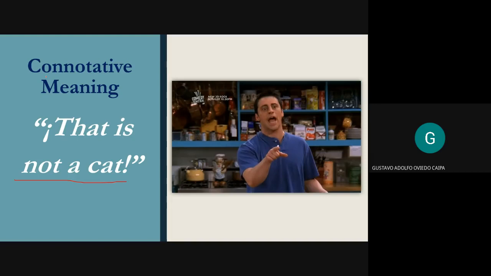So from the point of view of connotative meaning, we can say that the cat in the room doesn't fit the connotation of cat that Joey has. That's what we can say. So moving on.